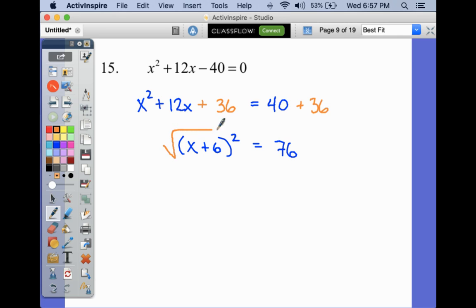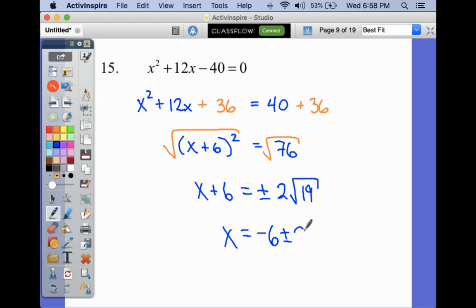And if I take the square root of both sides, we end up with x plus 6 equals plus or minus the square root of 76. 76 is 4 times 19, so 2 square root 19. And then we'll minus the 6, so we get negative 6 plus or minus 2 square root 19.